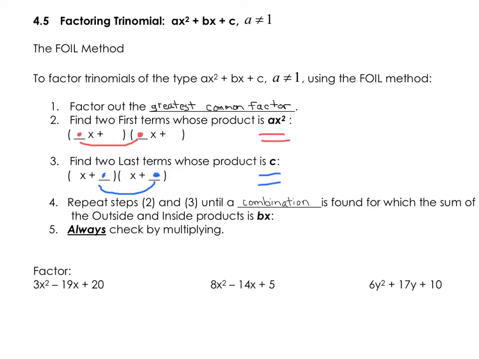And the last thing we will do is make sure that outside plus inside equals our middle term, which is bx. And we always check by multiplying. So let's look at our first example.